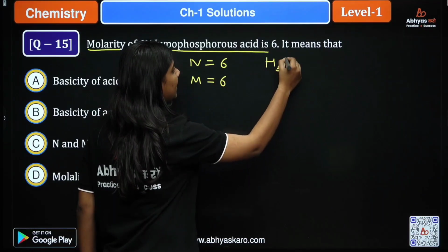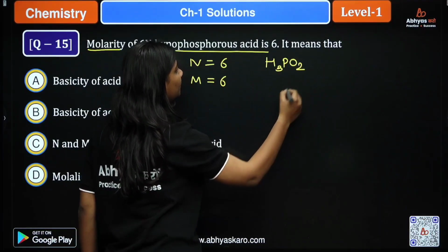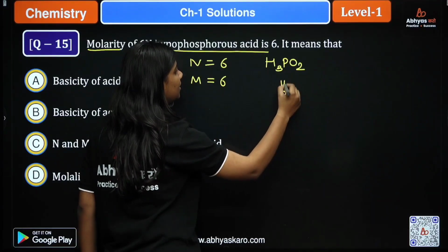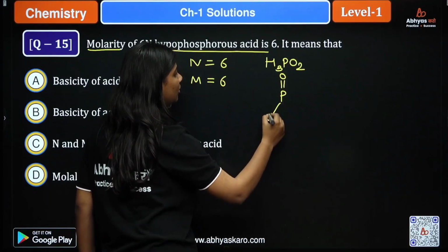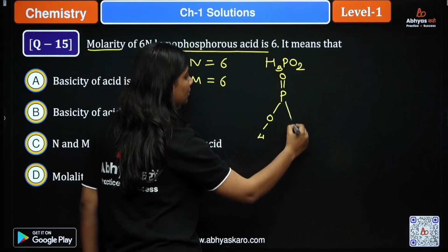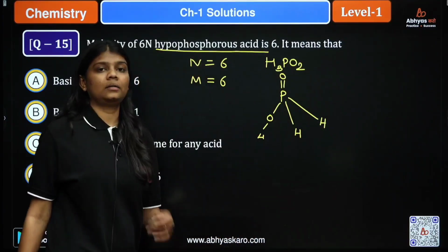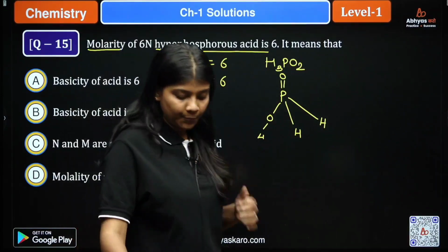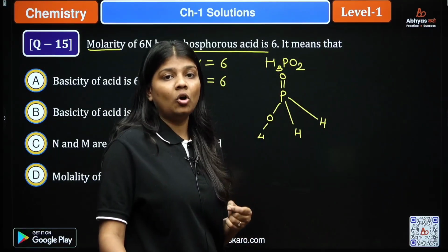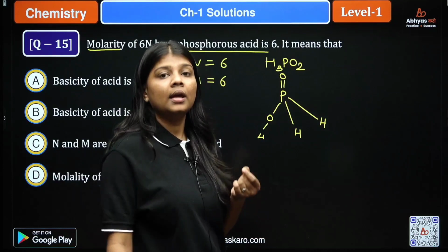Formula is H3PO2. So the structure is P double bond O, OH, hydrogen and hydrogen.